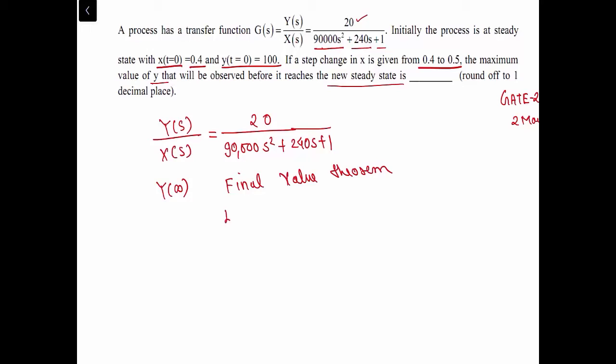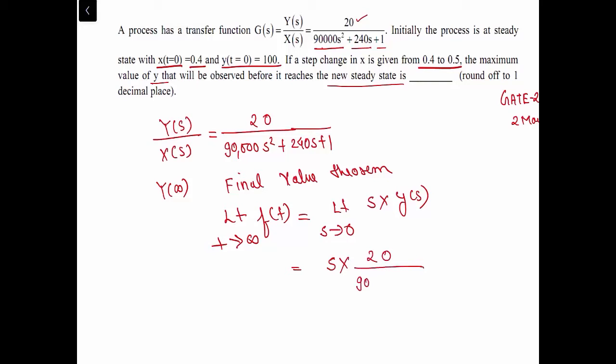So it is limit t moving towards infinity f of t, any function, equals limit s tending towards 0 s into Y(s). Okay, so here we will put s multiplied by Y(s), which is 20 upon 90,000 s square plus 240 s plus 1, and X(s).